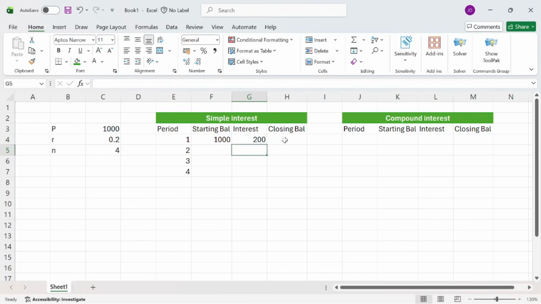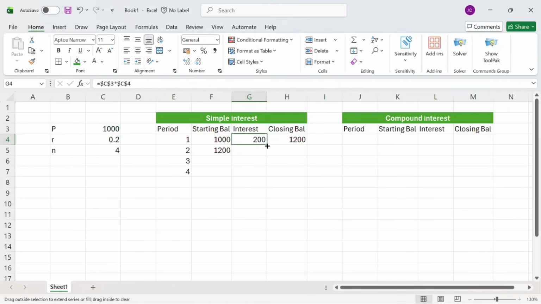And then after that, the closing balance is going to be the starting balance. Then you're also going to add the interest. So for the second year, we are going to start with the balance from the previous year. That is 1,200. Then the interest we said is going to stick as it is.